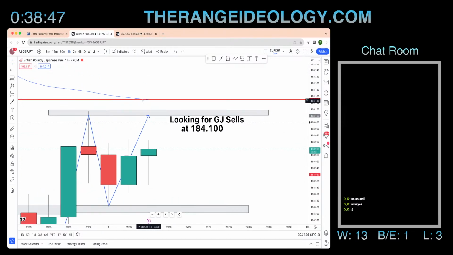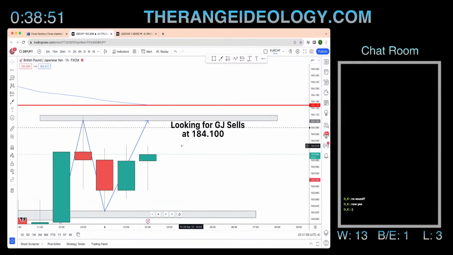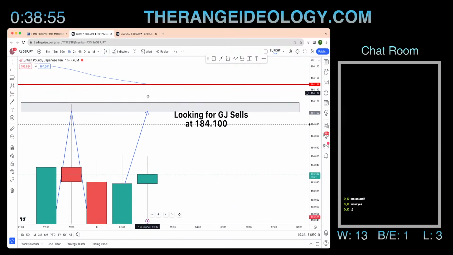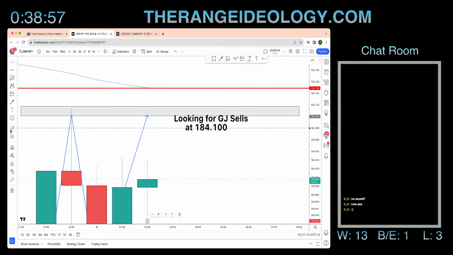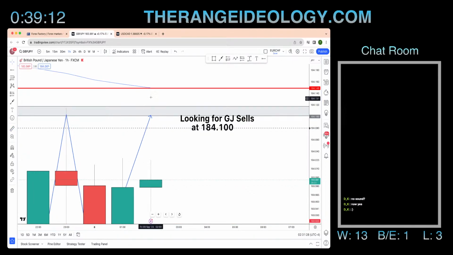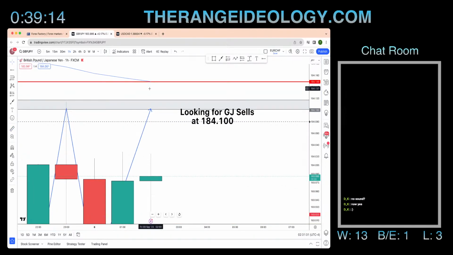In this scenario, the EMA is above the range, so we can look for price to reach above the range. It's now 3.5, 4 pips, but from our entry zone, we're looking at around 4.5, 5 pips. So we're looking for the price to reach above and tap that.